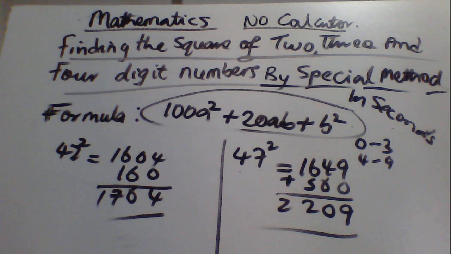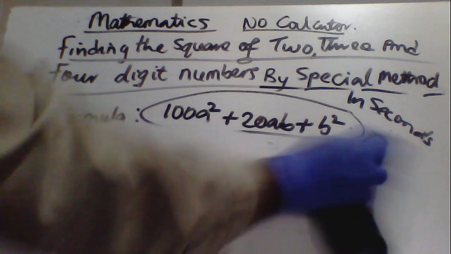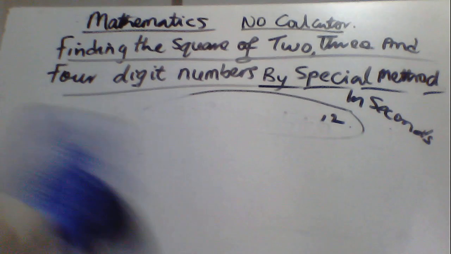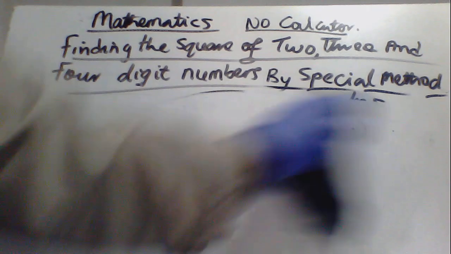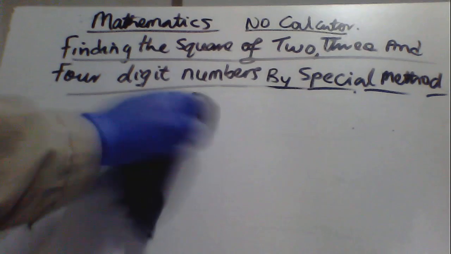So let's look at 3 digits. We have done 2 digits. Let's look at examples of 3 digits. Hope you have already memorized the formula.